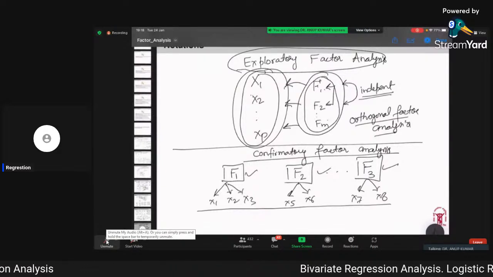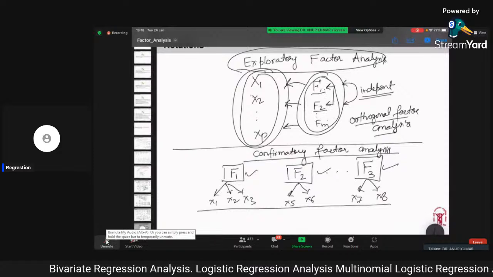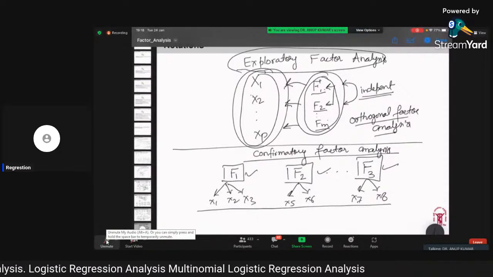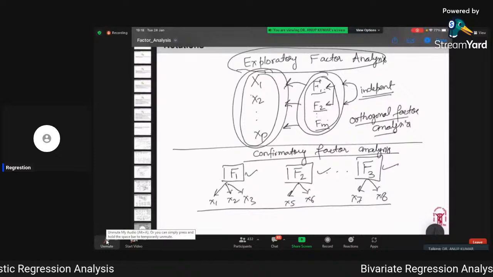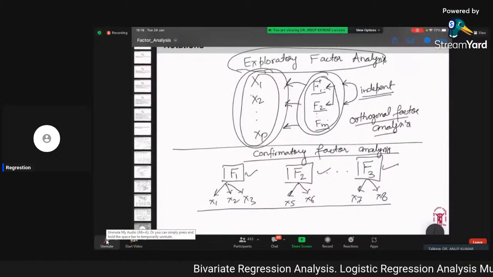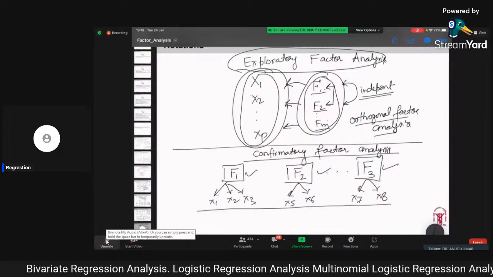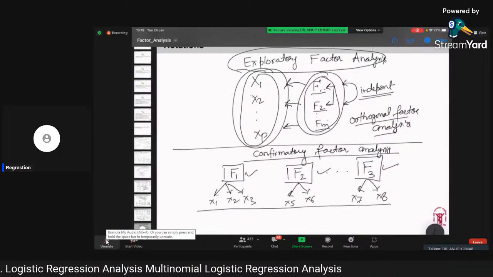One very important assumption is that all these unobservable factors are independent. There is no relationship between f1 and f2. For example, the mathematical ability and the literature ability of a student are independent traits. If such things are there, then this is exploratory factor analysis.